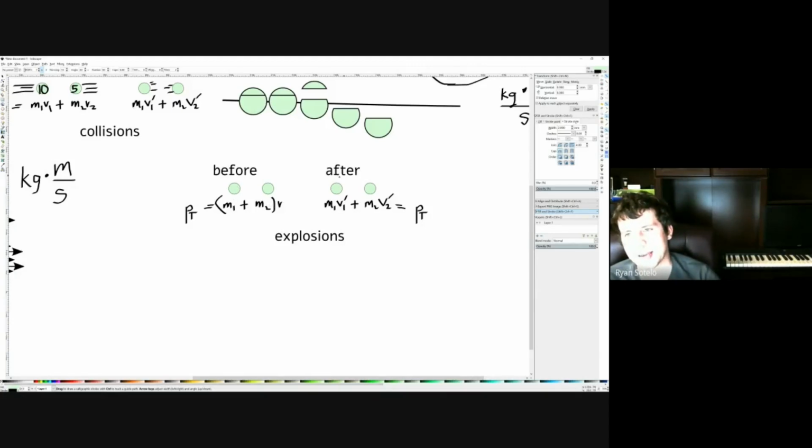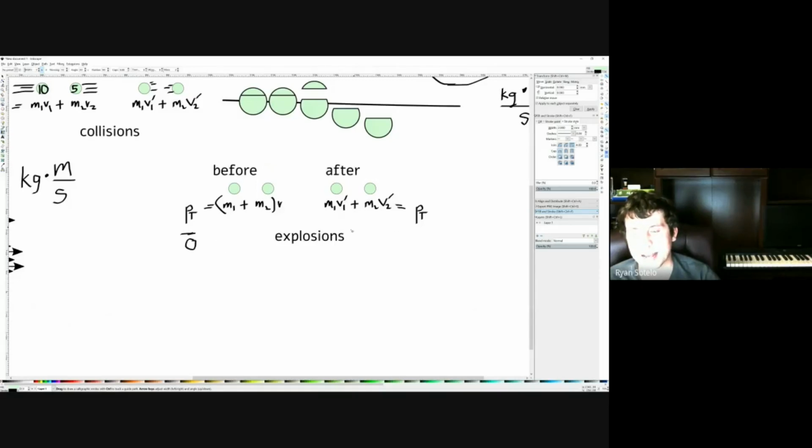But then after they blow apart, they now have their own velocities. So here you would take the two masses, multiply them by the common velocity, and you get a total momentum. If they're not moving, then you have a zero momentum, which is fine.